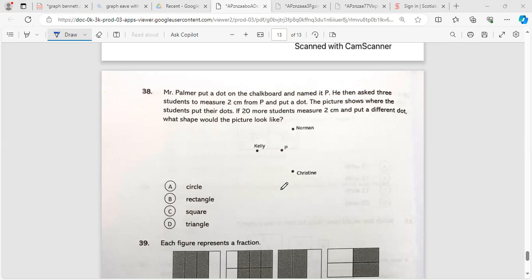If 20 more students measured 2 centimeters and put a different dot, what shape would the picture look like?